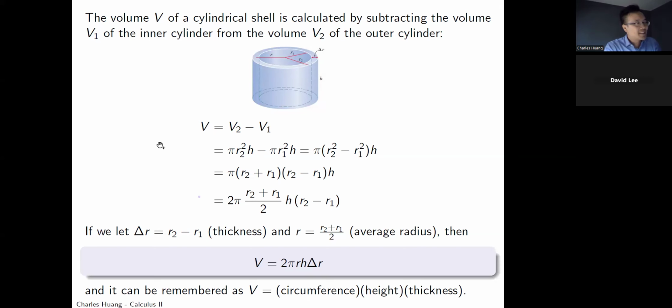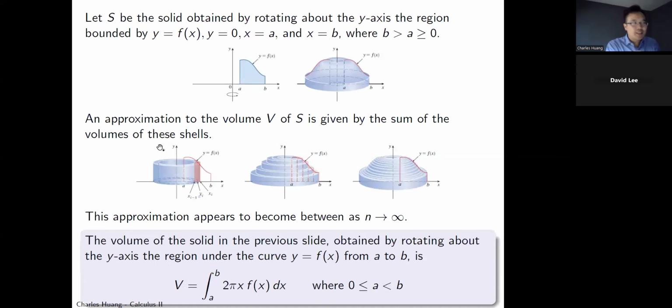And so what we're going to do with this bowl shape is take a cylindrical shell like this, and we're going to make many of them. We're going to add up the volume and do the integral. So we're going to do 2 pi x, that's the circumference.